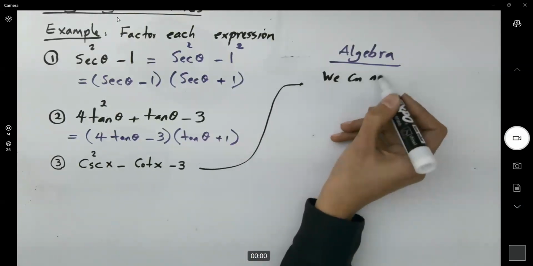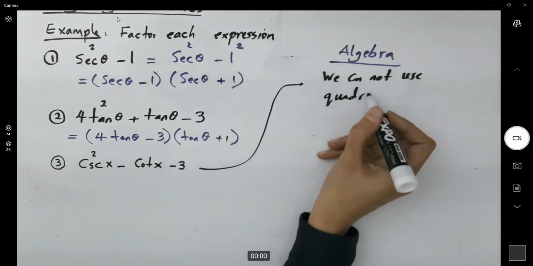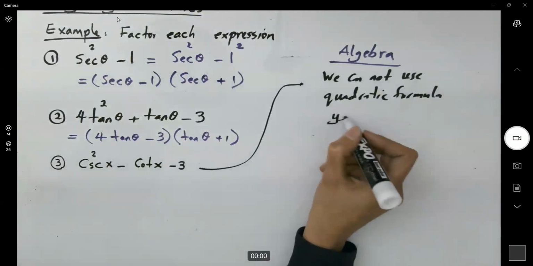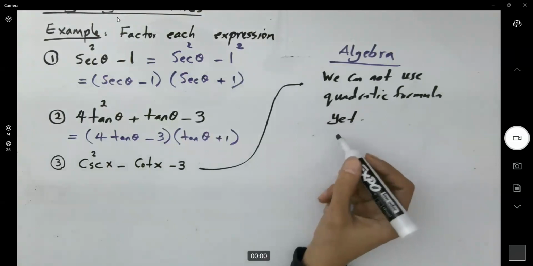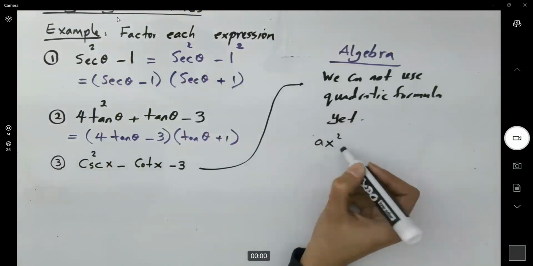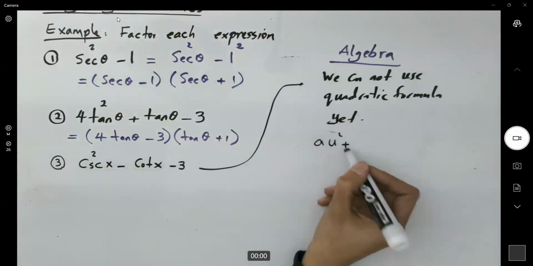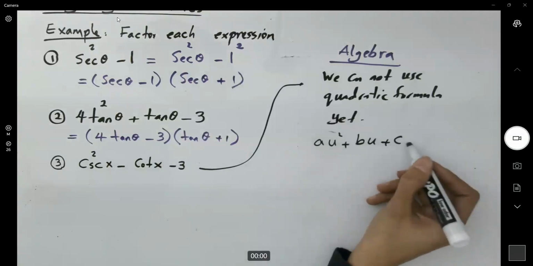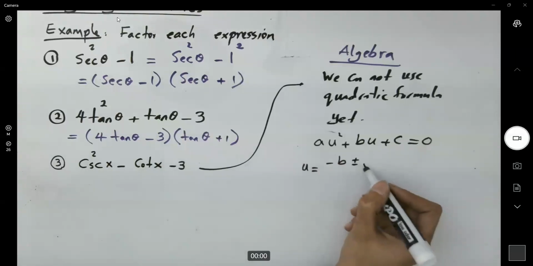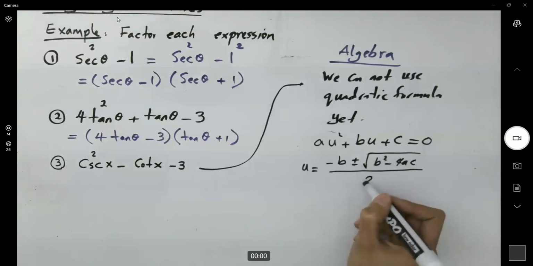we cannot use the quadratic formula yet. Why is that? Because in the quadratic formula, you have a u squared plus bu plus c equal to 0, and u was negative b plus or minus the square root of b squared minus 4ac, divided by 2a.